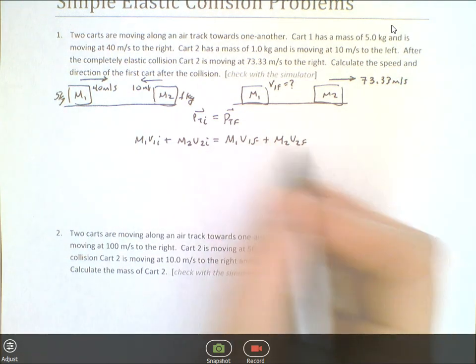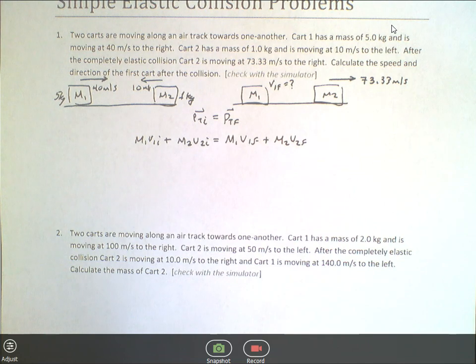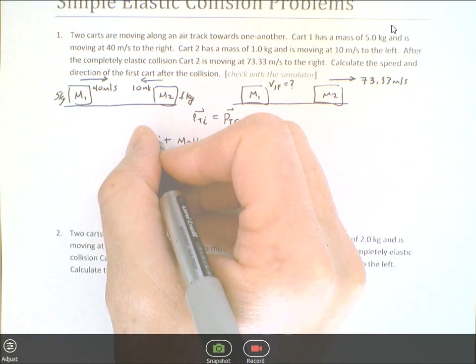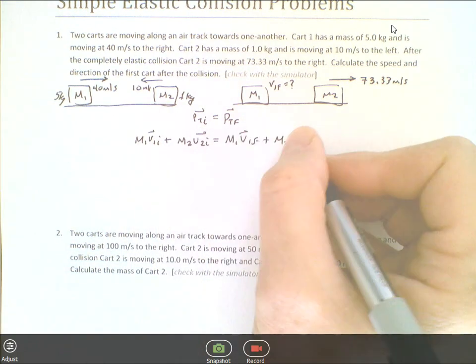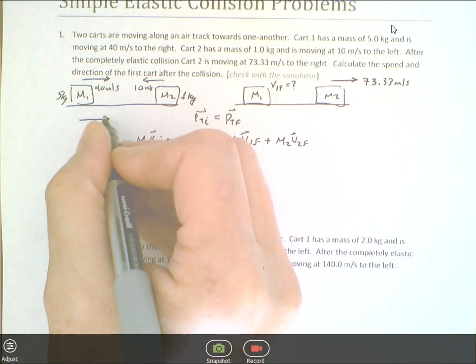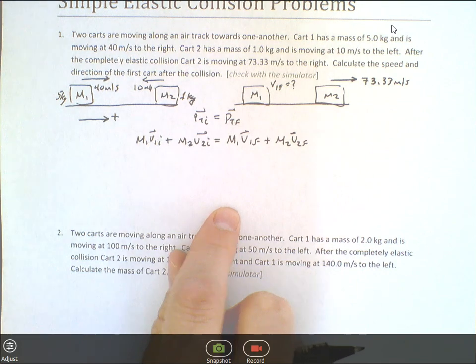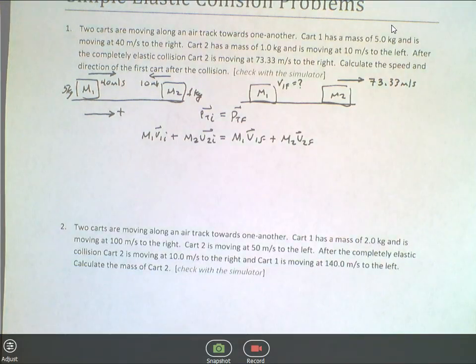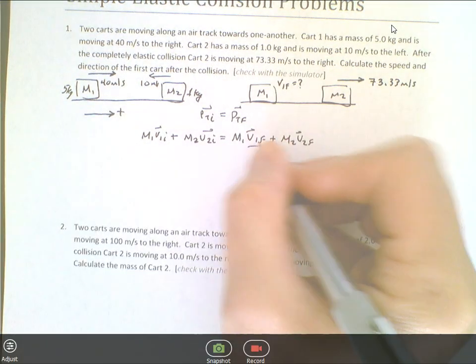Now you can't combine those speeds because they're not moving at the same speed afterwards. And all you need to do at this point is pick a direction to be positive. Let's make the right positive. Rearrange the formula, plug in your values with the proper positive and negative signs, and get your final V1F. That's all you're solving for in this case, is this guy right there.